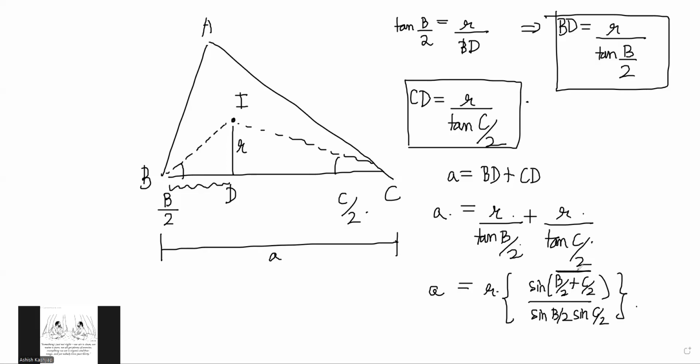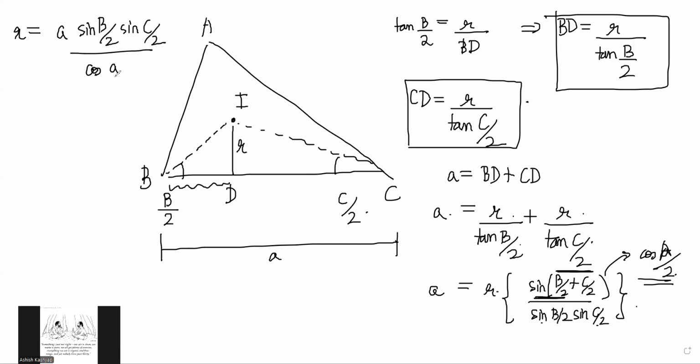And sine of (B plus C) by 2 is sine of 90 minus A by 2, so that is cos A by 2. So we are getting r is equal to a sine B by 2 sine C by 2 divided by cos A by 2.